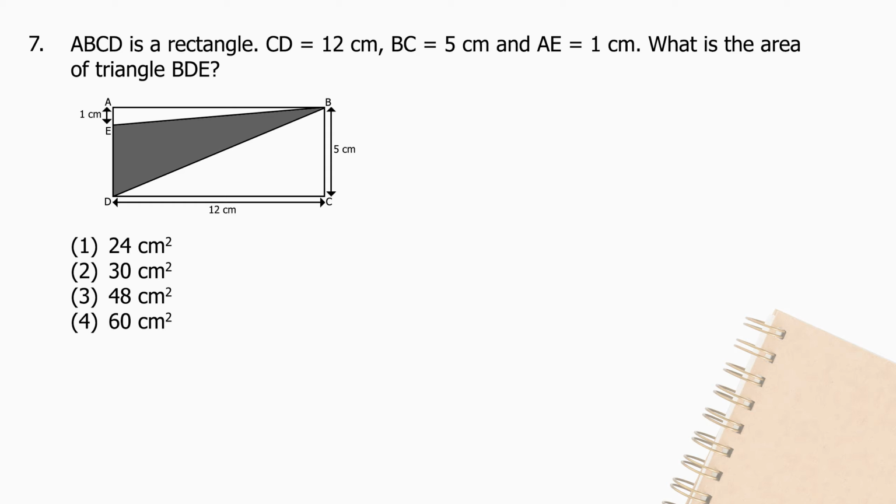Question 7. ABCD is a rectangle. CD is equal to 12 centimeters. BC is equal to 5 centimeters, and AE is equal to 1 centimeter. What is the area of triangle BDE?